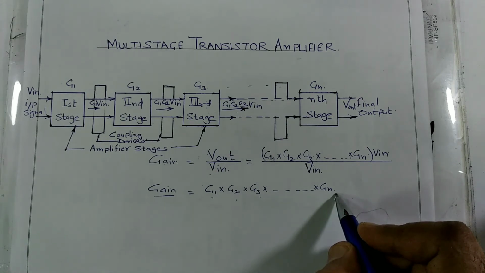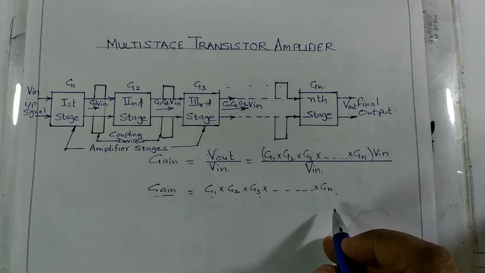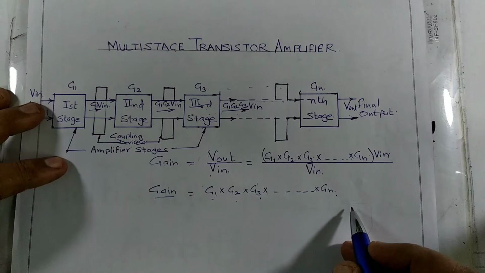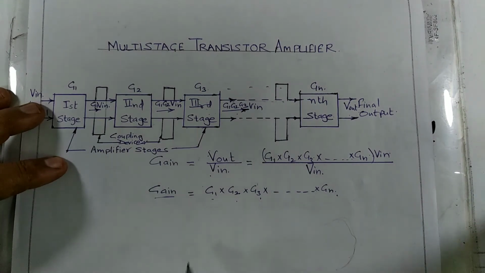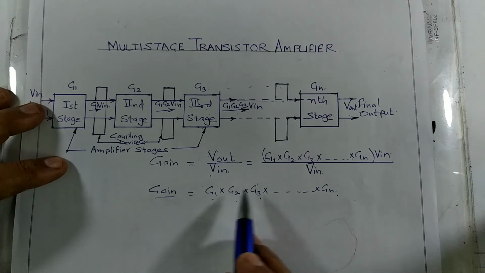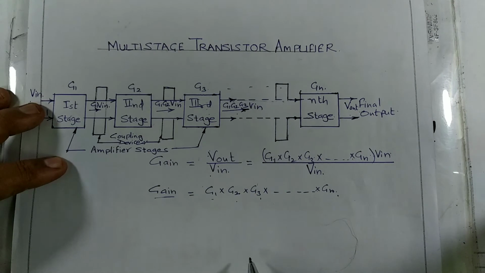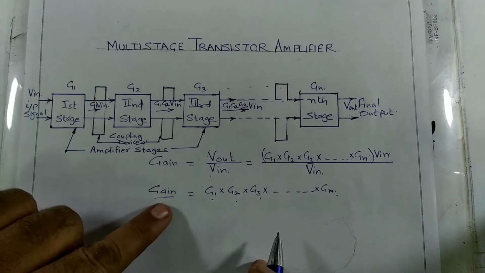Okay. Now the overall gain of the amplifier, we can see from this formula, the overall gain of the multi-stage transistor amplifier is the product of individual gains of each stage of the amplifier. It is clear from this.